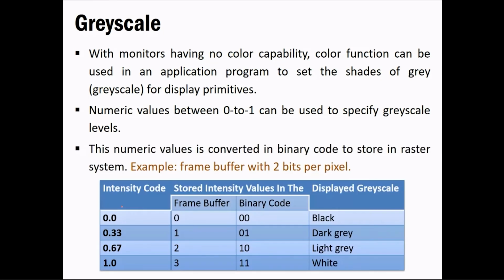Now a similar thing could be followed for grayscale, but if we don't have this color capability, then what does it say? With a monitor having no color capability, the color function can be used in an application to set the shade of gray.